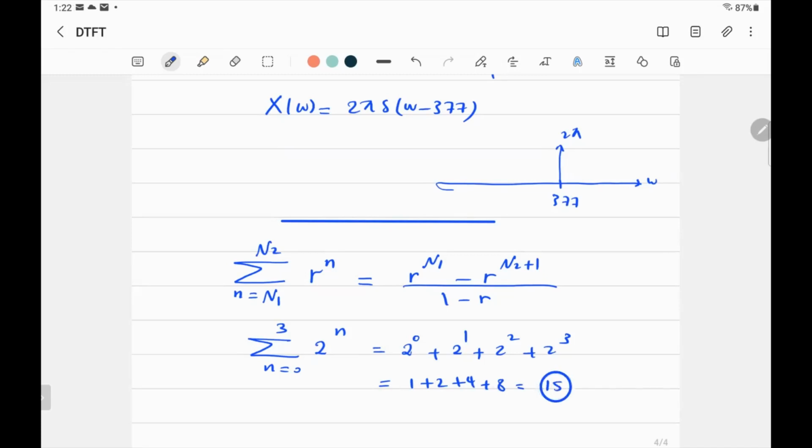It's easy because you do it from 0 to 3, you substitute. But when you have n from minus 100 to 100, you will not do that, right? So you'll use the expression. Let's check if the expression is right.